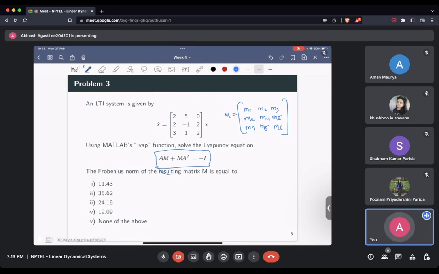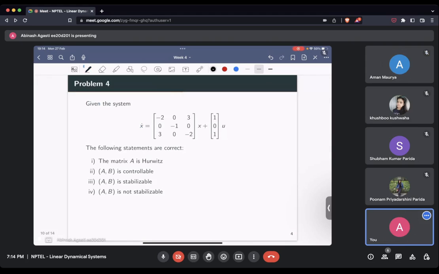Then you'll get a set of equations which you can then solve. Just that since it's a 3 cross 3 case, the things will be very messy. If it's a 2 cross 2 case, you can perfectly solve it using normal pen and paper. So for this, the solution is this. Okay, is it clear?